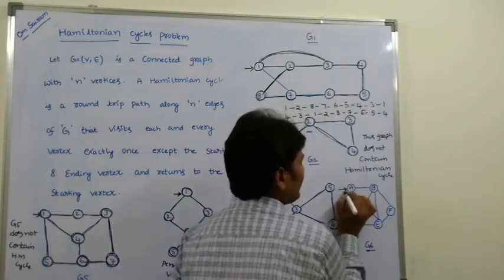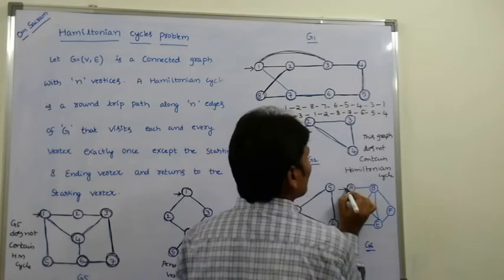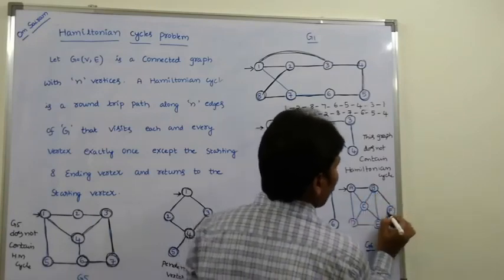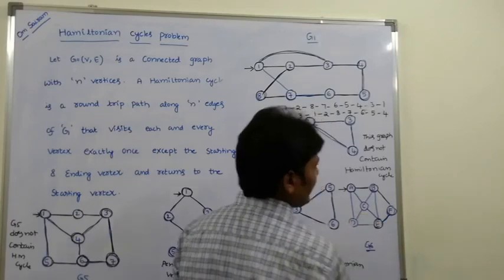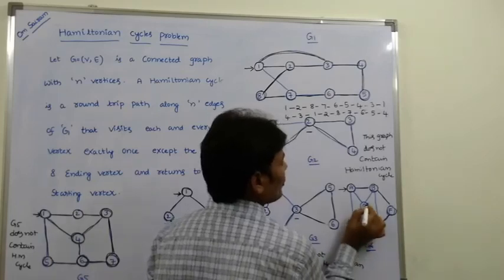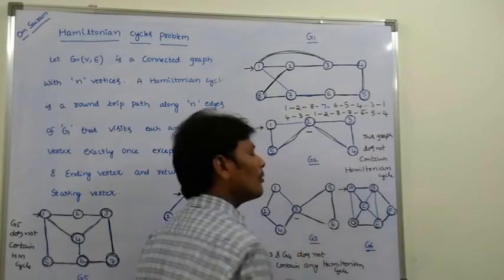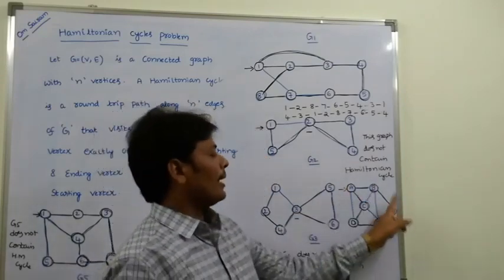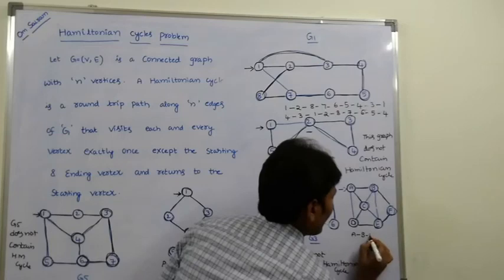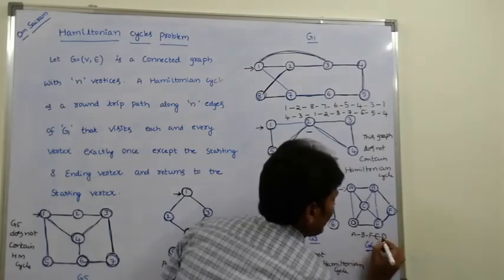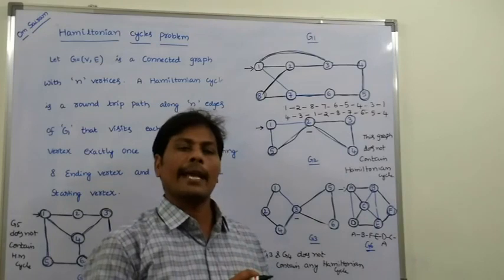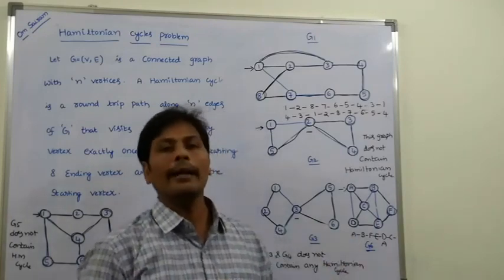We are starting at vertex A. Next, we go to vertex B, then F, then E, then D, then C, and then back to A. So A, B, F, E, D, C, A. Each and every vertex is visited exactly once except the starting vertex and ending vertex.